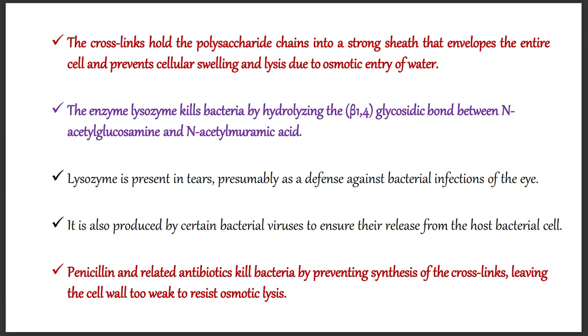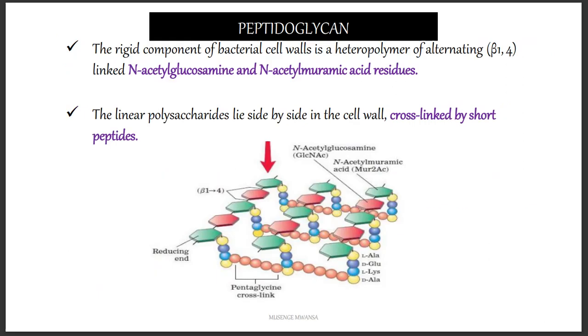These cross linkages will make the chain strong, and that is going to prevent the cell from swelling and breaking when water enters the cell. Remember, we are saying these guys are found where?